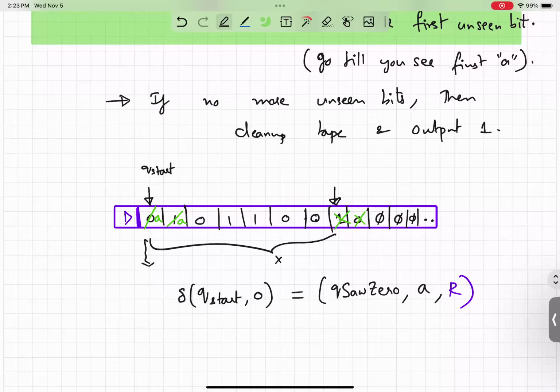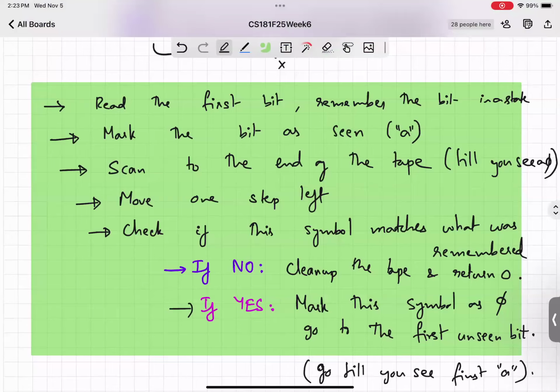That is captured by instructions like this: scan to the left, scan to the right until you see something, and so on. As long as your instructions only depend on what the head is seeing, it is fine. You can't just say count the number of ones, count the number of zeros, and so on. Any questions?